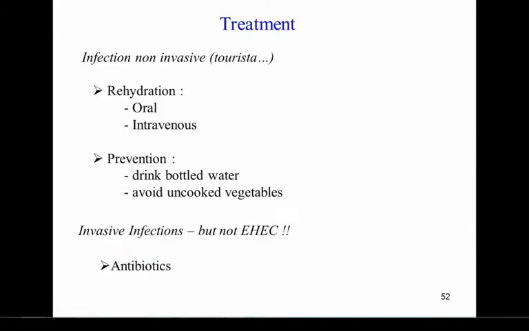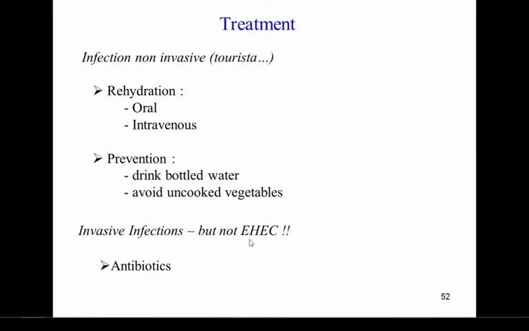Treatment: if you have enterotoxigenic or enteropathogenic E. coli, oral rehydration. In severe cases, intravenous, if you've got a very small child with a risk of acute dehydration, they'll get a perfusion.